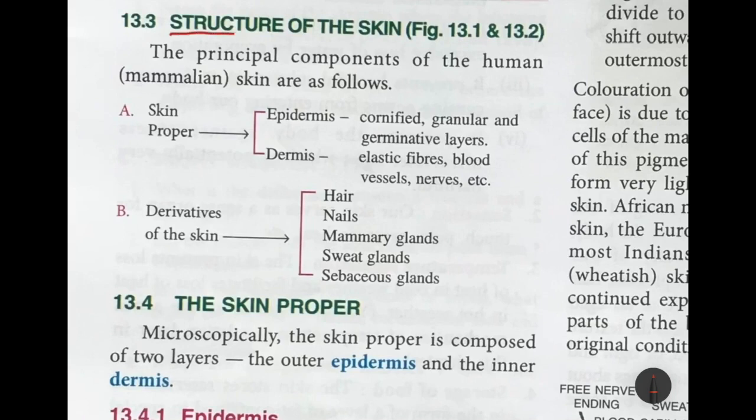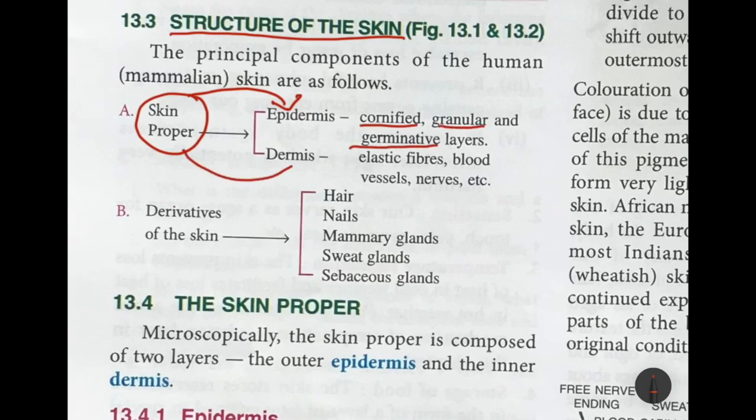Now, moving on to the structure of the skin. The main components of the human skin are: first, the skin proper, made up of the epidermis, which has conified, granular, and germinative layers, and the dermis, which has elastic fibers, blood vessels, and nerves.